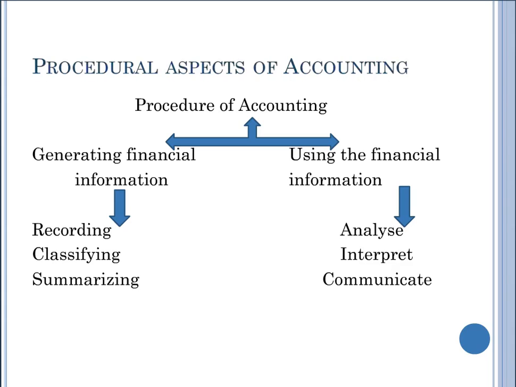By recording, classifying, summarizing the transactions and events. Then this gets to be used. How do you use it? You analyze it, interpret the results, and you communicate it. So these are the two steps in the procedure of accounting. You generate the information, and then you use it.